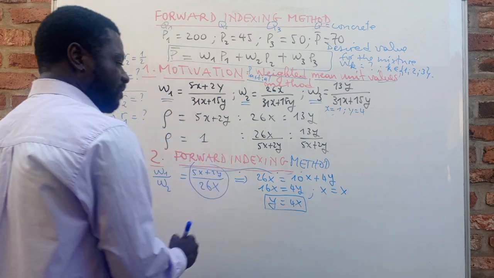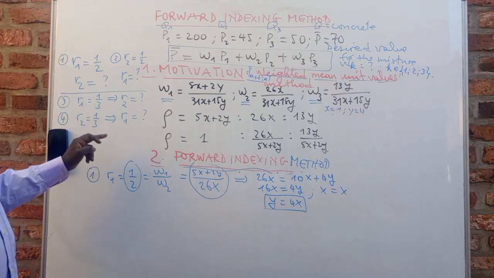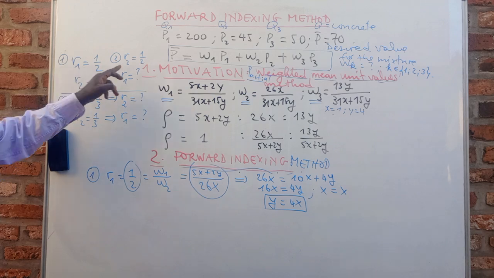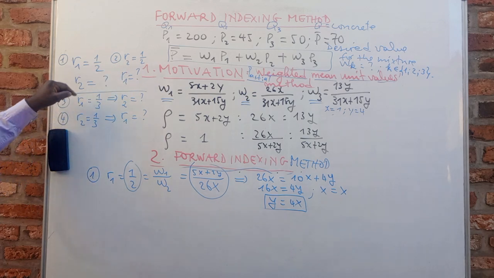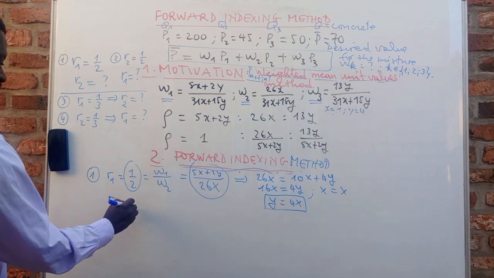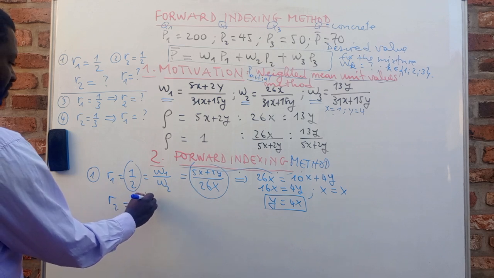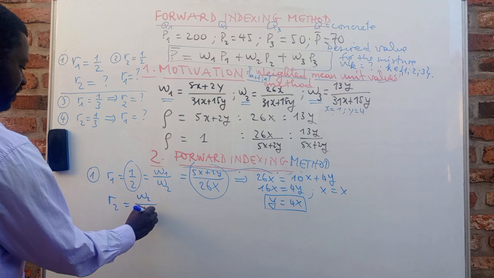So now, for these values, we can find this ratio, R2. R2 is equal to omega 2 over omega 3.